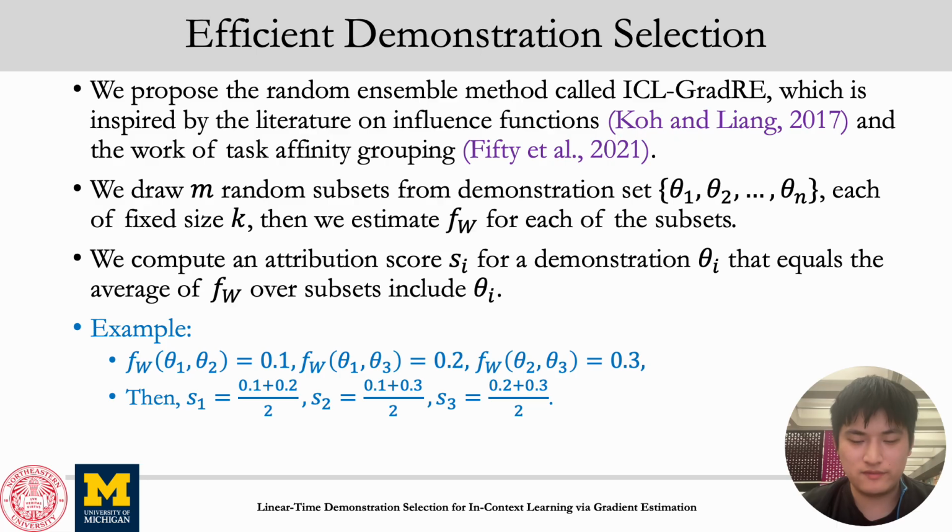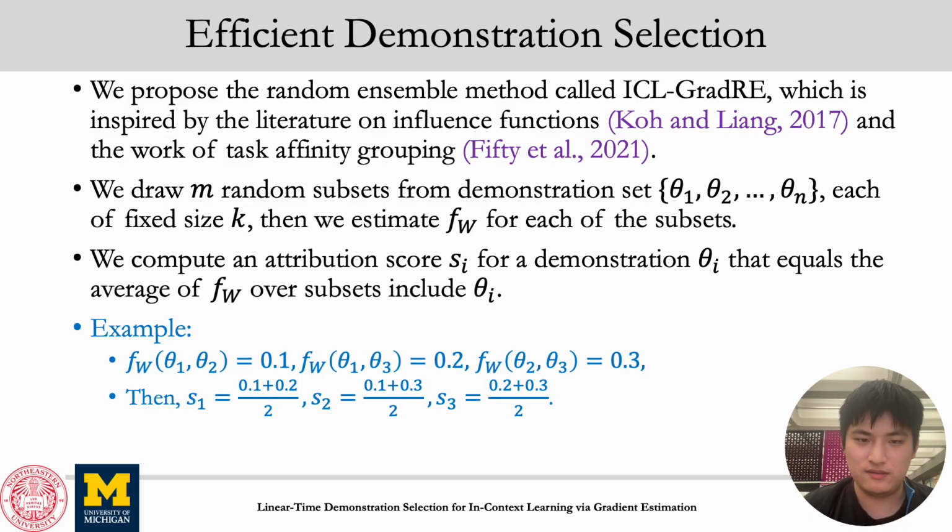The second part of our method is a random ensemble method, inspired by the literature on influence functions and the work on task affinity grouping. We first draw m random subsets from the demonstration set, each of fixed size k, and then estimate f(S) for each of the subsets.